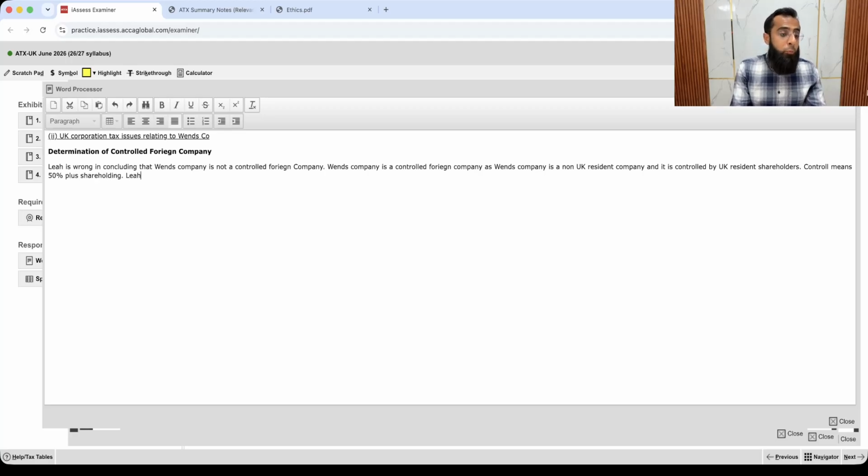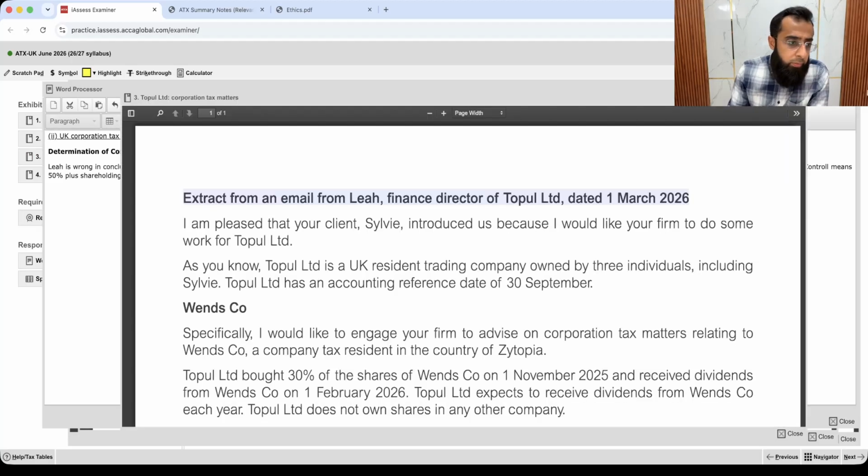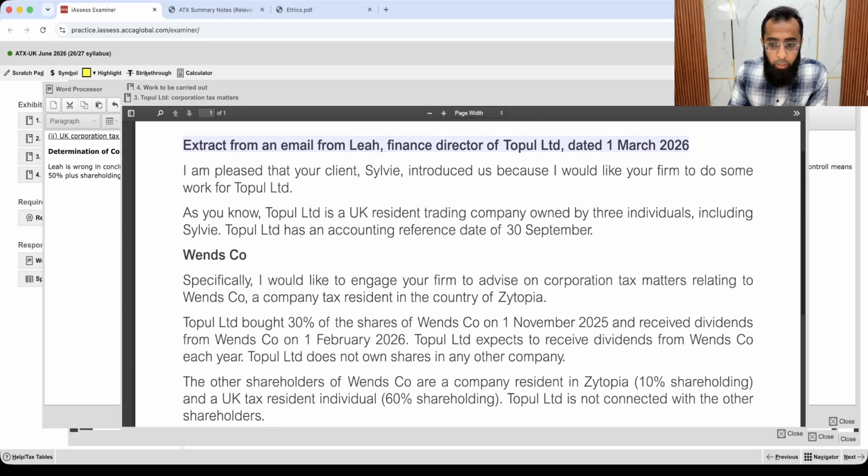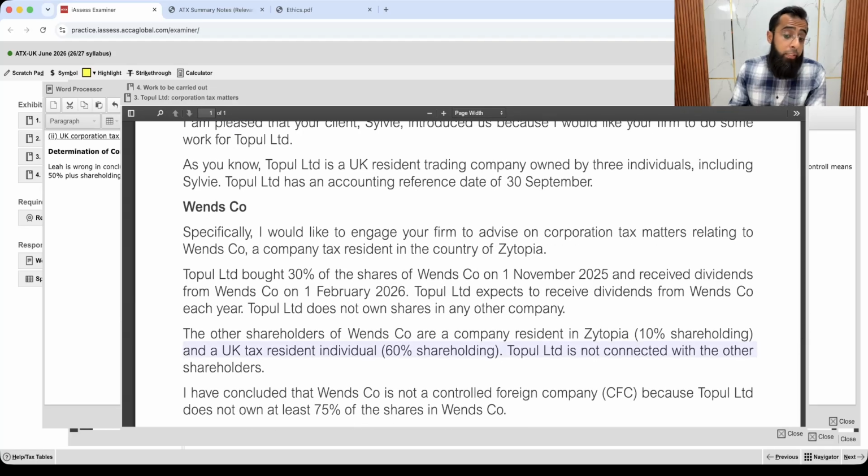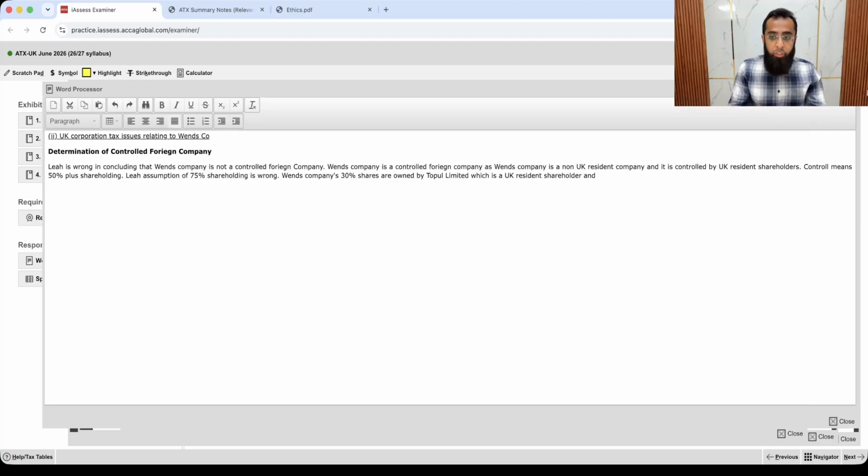Lee's assumption of 75% shareholding is wrong. Vents company's 30% shares are owned by Topul Limited, which is a UK resident shareholder, and 60% shares are owned by another UK resident individual.